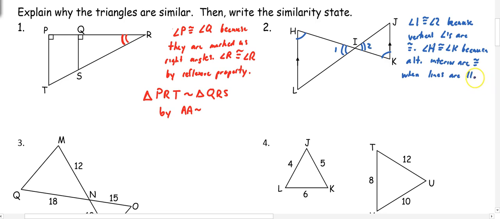Now, notice that we have two sets of congruent angles again, so now we know our triangles are similar. So we can say that triangle HLI is similar to triangle KJI by angle-angle similarity.